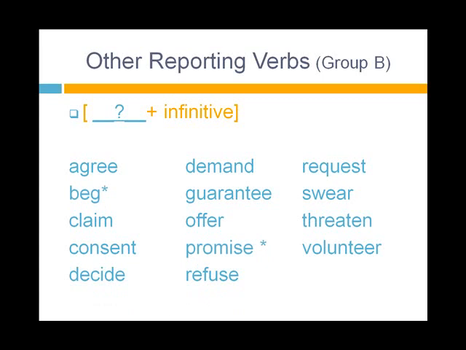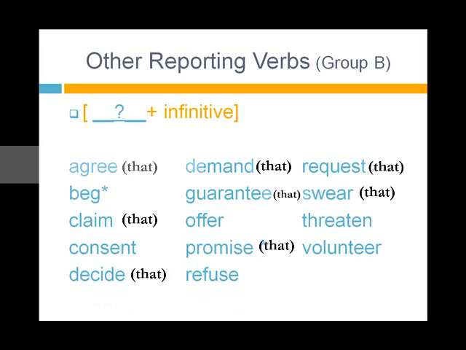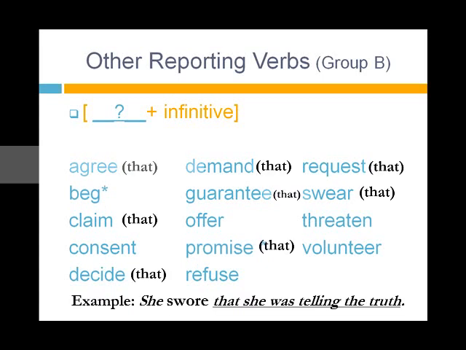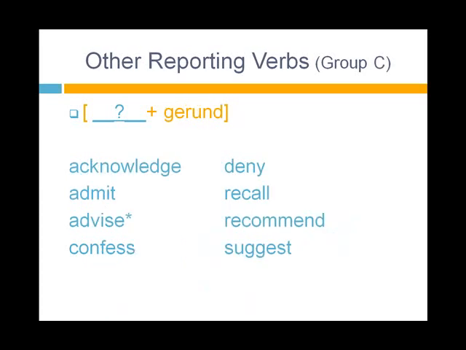And a lot of these verbs can simply be followed by a that clause, as in, she swore that she was telling the truth. In Group C, we have verbs followed by a gerund, the ing form of a verb. For example, acknowledge doing something, admit doing something. Advise is a verb that belongs to both Group C and A, so we can advise doing something, and we can advise someone to do something.